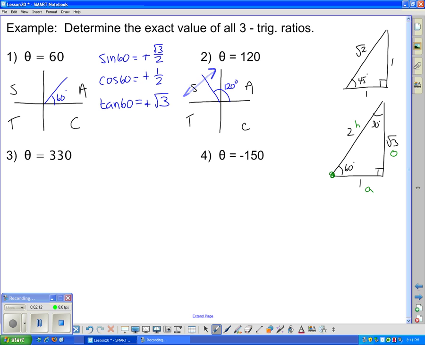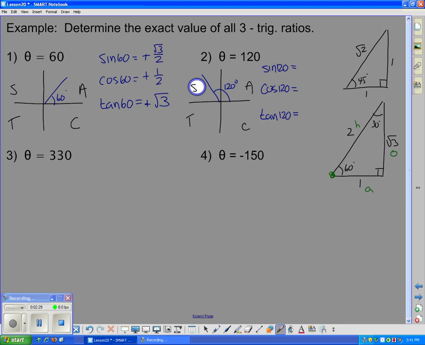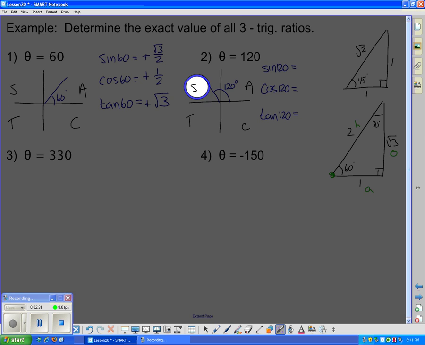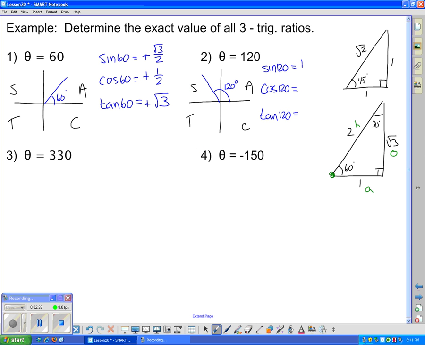So there's 120 degrees. Okay? This is where it gets a little bit interesting. So sine of 120, cos of 120, tan of 120 is equal to, well, in that quadrant, only the sine function is positive. So that means my sine ratio will be positive and the rest are going to be negative.